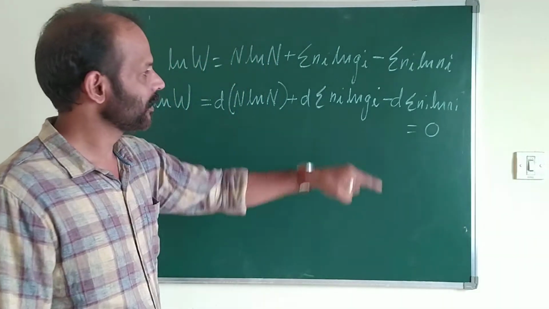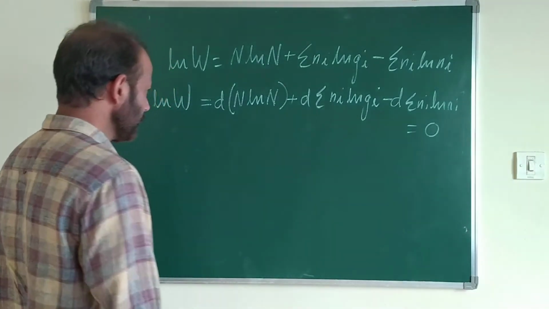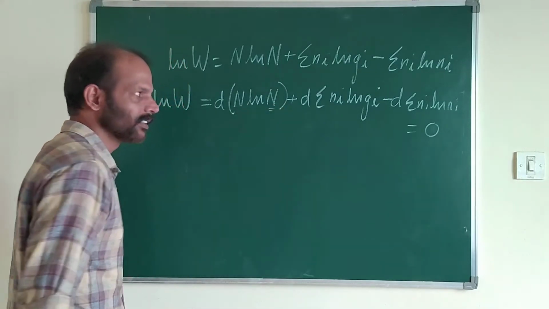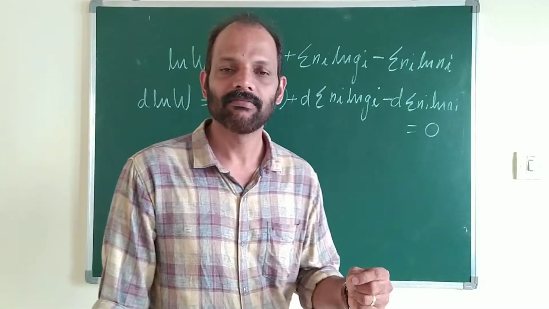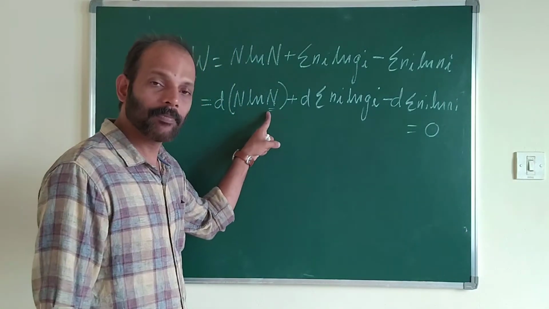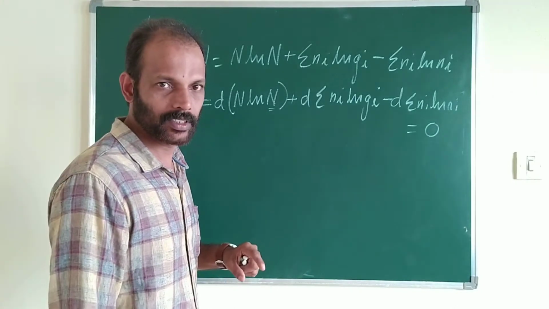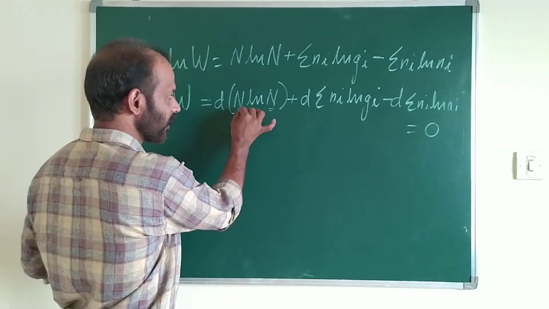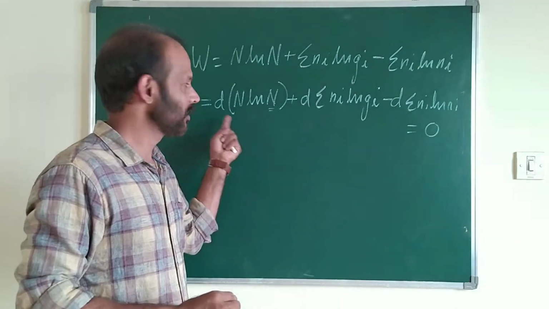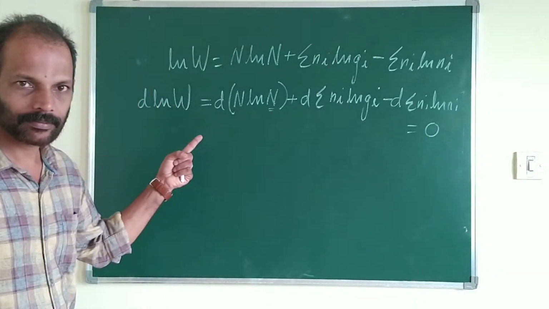So we can say d ln W is equal to 0. Then n is the total number of particles. Total number of particles is also a constant value. It will never change. So the differential of the total number of particles is also 0. That means this term also vanishes.